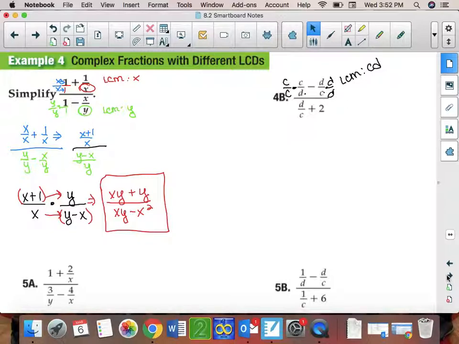Okay? So I'm going to have on the top, this is c squared over cd minus d squared over cd. And then that just becomes c squared minus d squared over cd.